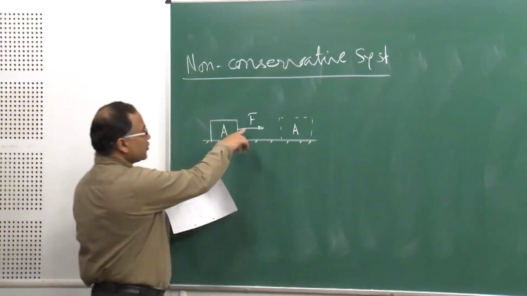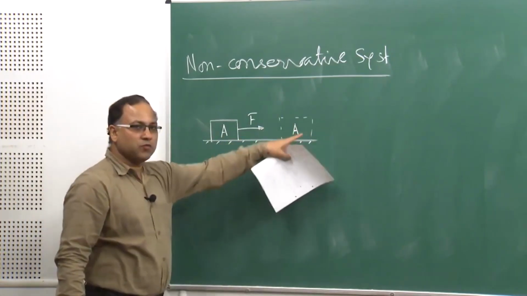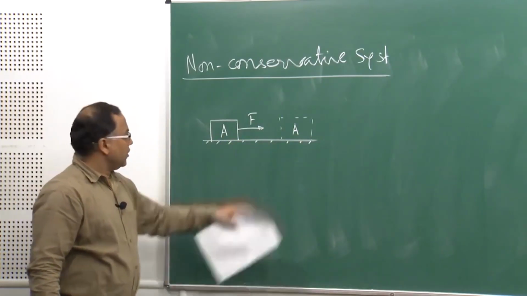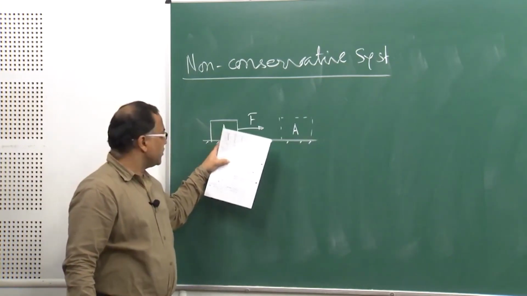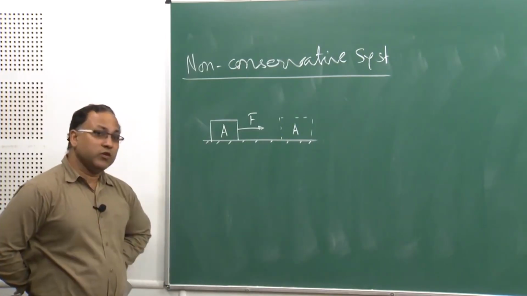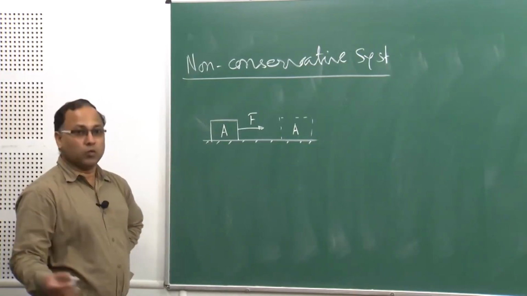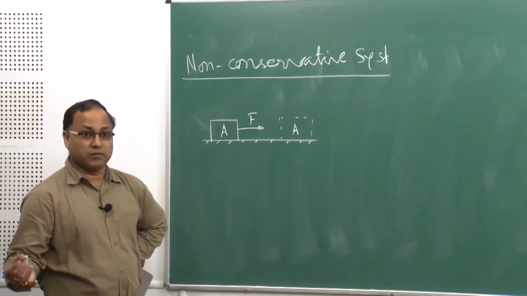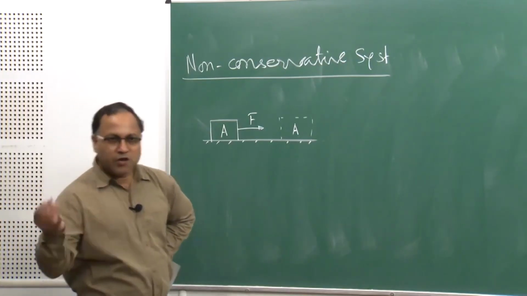So, this force has done some work, is not it? Because of that work, this system is changing position from here to here. Now, if you remove the force, will it come back to its original position? No, it is not recoverable. So, this kind of system is known as a non-conservative system, and you know this.